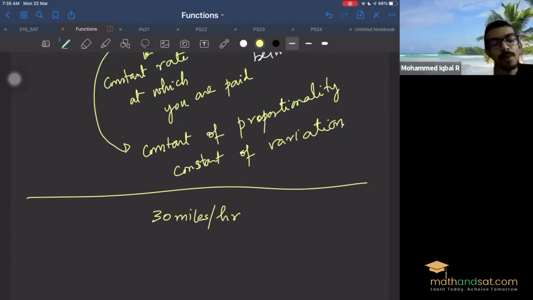How much distance will your car cover in 1 hour?